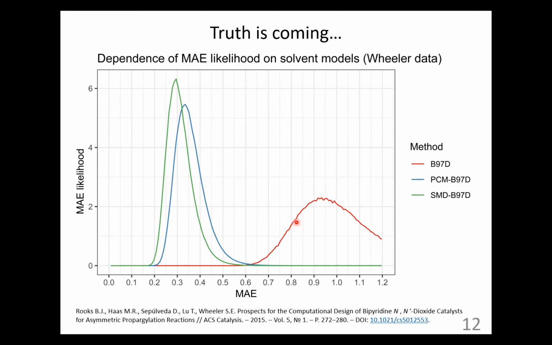So we can even say that we not only know that here the error is larger, we have less information about which error it actually is. We are less certain about the accuracy of this method compared to these two.